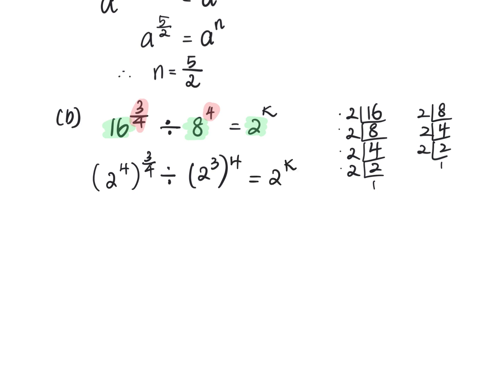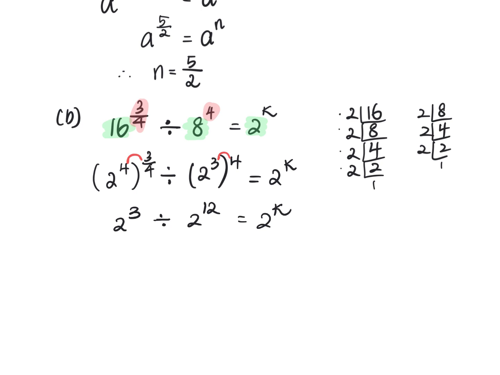Okay, and now let's simplify. I need to multiply the powers together. So this will give me 2 to the power of 4 times 3 over 4, that will give me 2 to the power of 3, divided by 2 to the power of 3 times 4, 12, equals 2 to the power of k.